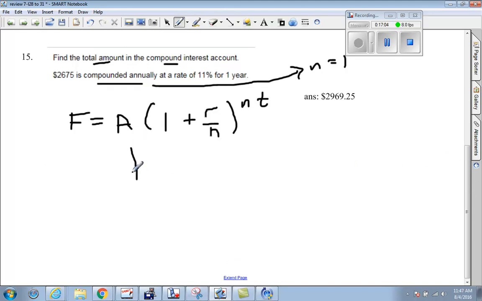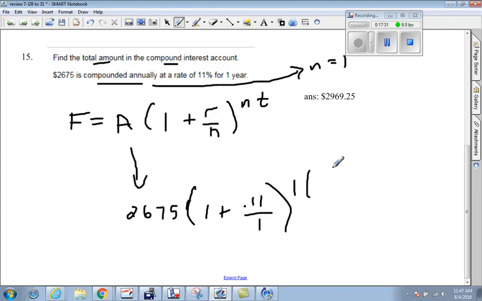So A is your original amount. So you have 2,675 is your original amount. And then 1 plus, sorry, my pen slipped there. It's just a parenthesis. 1 plus your rate, which is written as a decimal, so 0.11, over your compounding period, which is just 1. And then T should be in years, so we're just doing 1 year. So it's really this F for future value.